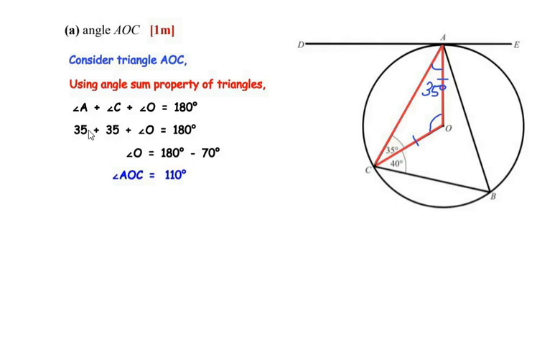So here we have written 35 plus 35 plus angle O is equal to 180. Now 35 plus 35 gives us 70. So taking 70 on the other side of the equal to sign, we get angle O or angle AOC as 180 minus 70, and 180 minus 70 gives us 110 degrees. So this is the value of angle AOC.